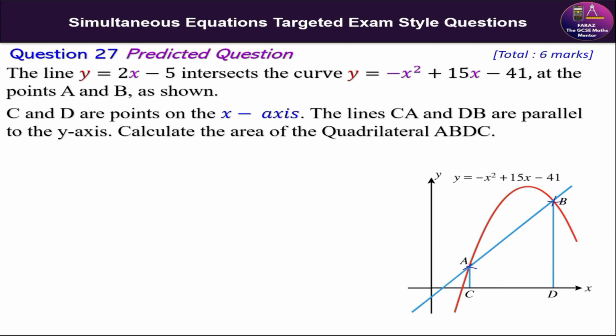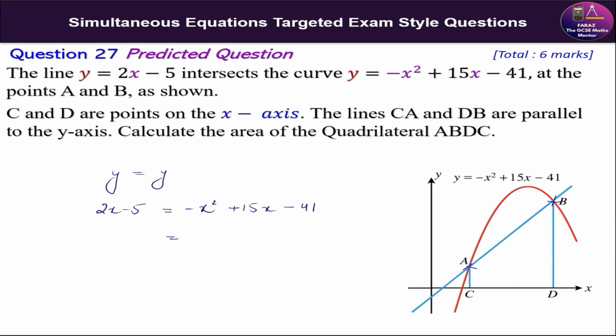So we equate the line y equals 2x minus 5 and the curve y equals minus x squared plus 15x minus 41. Because both are equal to y, y equals y. Therefore, it will look like this: 2x minus 5 equals negative x squared plus 15x minus 41. Now bring everything to one side.